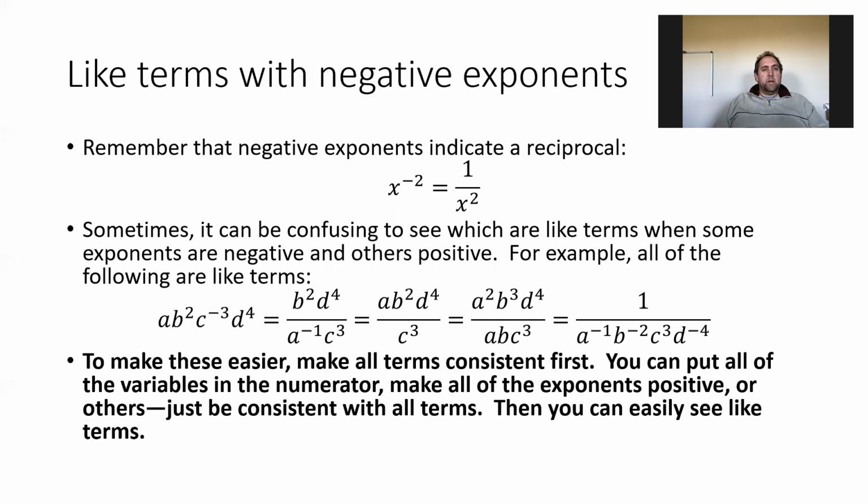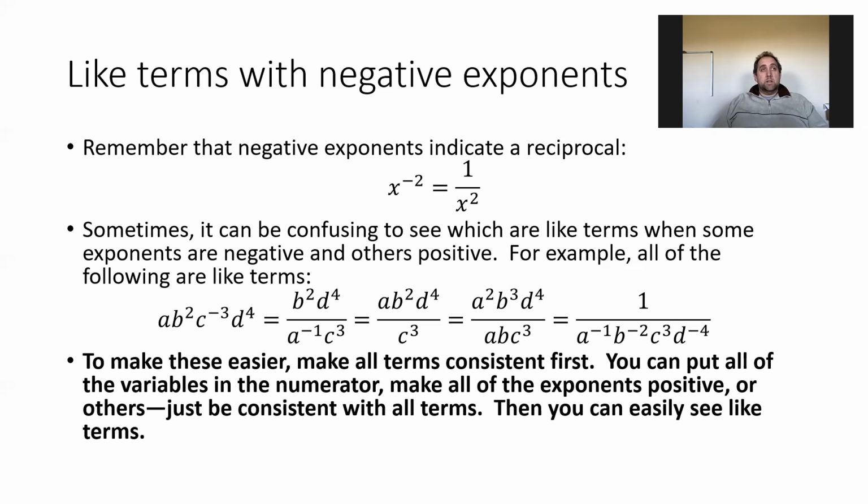So you have a b squared c to the negative 3 b to the 4th, which is equal to b squared b to the 4th divided by a to the negative 1 c cubed, which is also equal to a b squared b to the 4th over c cubed, which is also equal to a squared b cubed b to the 4th over a b c cubed, which is also equal to 1 over a to the negative 1 b to the negative 2 c cubed b to the negative 4. So you can work these on a piece of paper and make sure you understand to yourself before you go too much farther that all of these are equivalent.